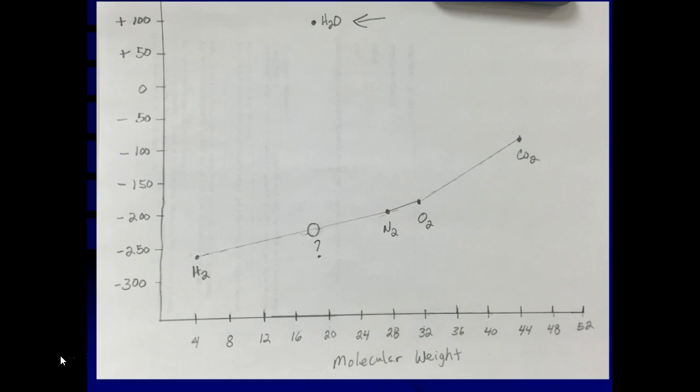And the same thing happens with water. Since water is polar, it has to overcome that electrostatic attraction to become an individual water molecule. And that's what we call a gas. That's the state of a gas. So water is very weird, and it's because of its polar nature.